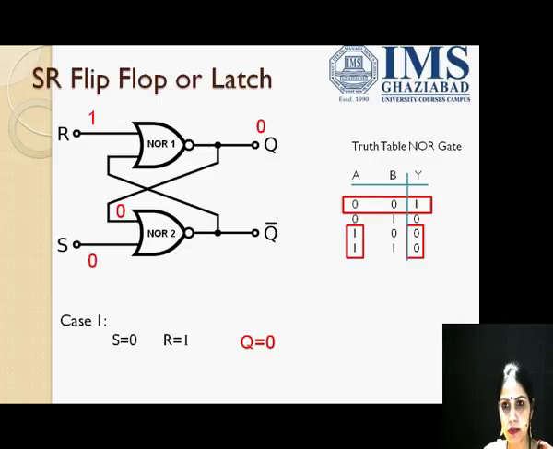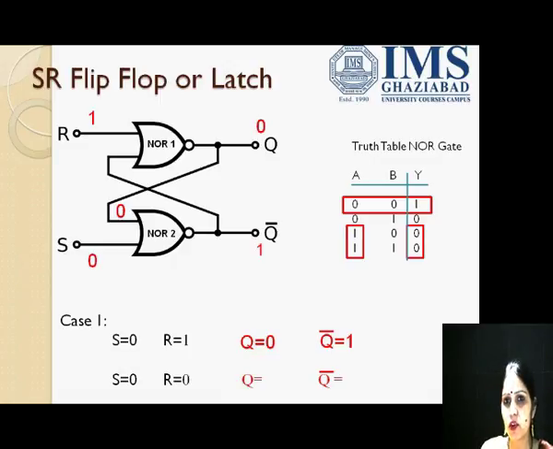According to the truth table, if the two inputs are 0, 0, the output is 1. So, if S is 0, R is 1, Q would be 0 and Q bar would be 1. That is a reset condition.